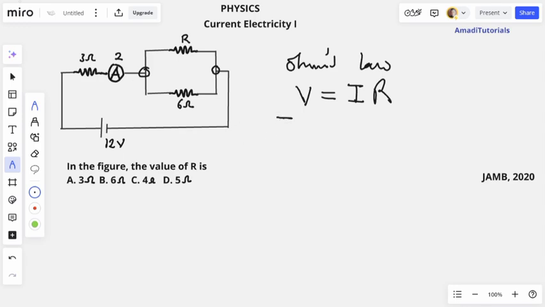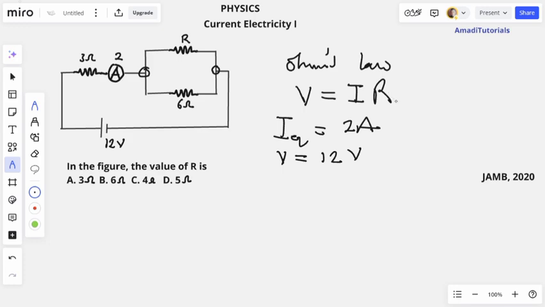And that current, the total current drawn, equals to 2 amps. And then the voltage supplied is what? 12 volts.